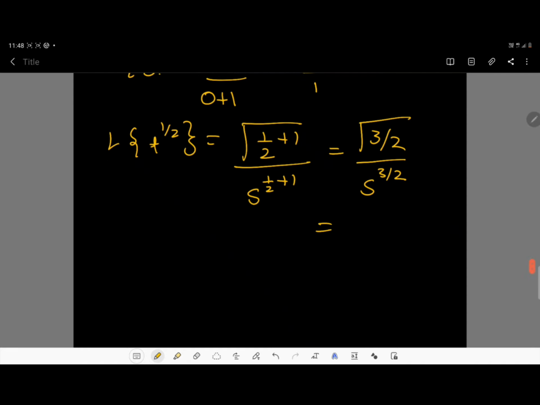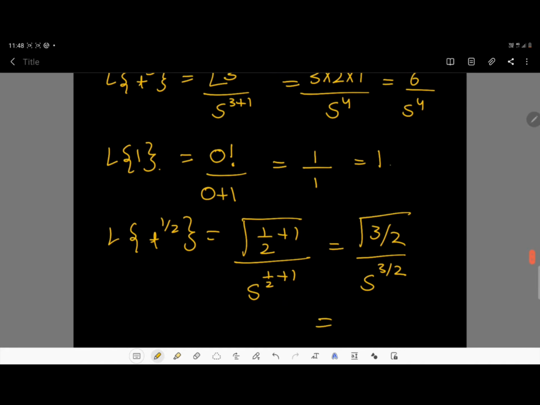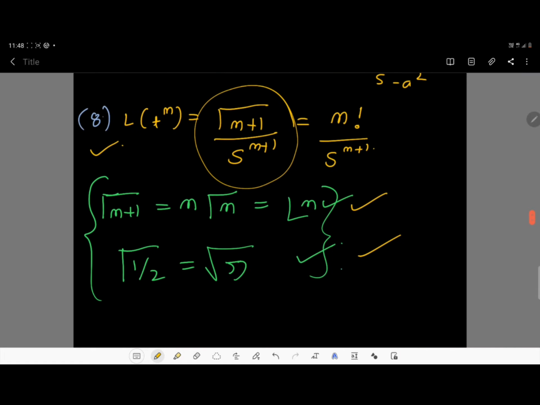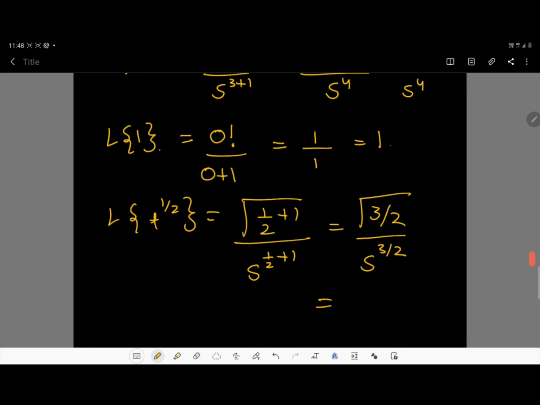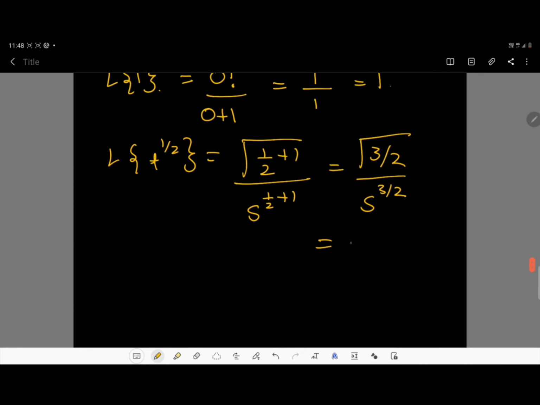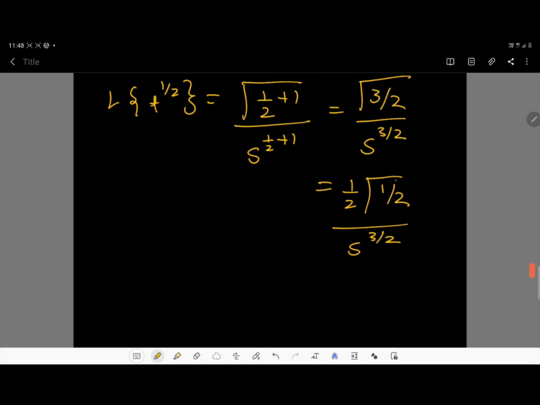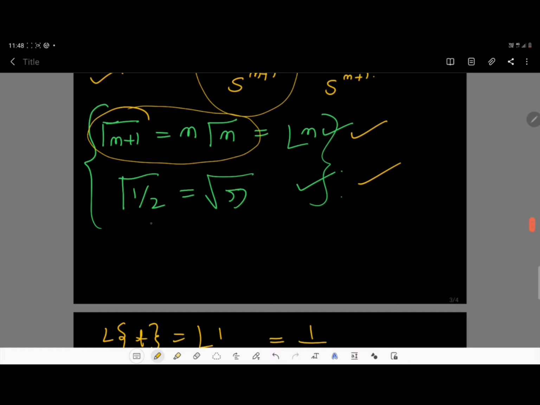So now I can write it using this formula: gamma of n plus 1 equal to n into gamma of n. So now I can write it as 1 by 2 into root of pi upon s raised to power 3 by 2.